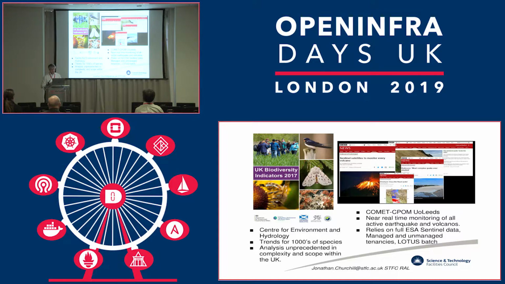That's from 2017, but there's another one in process now. And the work that they did on JASMIN allowed them to analyse thousands of species, not just birds in the back garden, but also fish, insects, and at a scope and complexity that was far in advance of what they've been able to do on their previous systems.